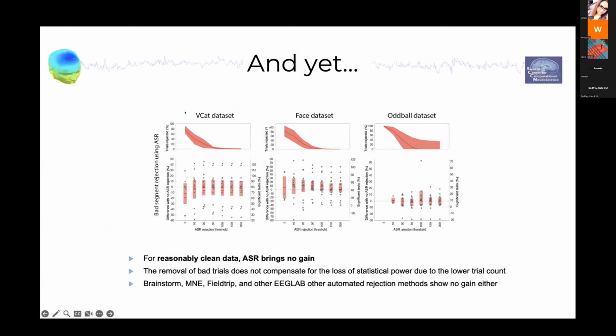And yet, if you use it on these three data sets, you see here we reject about 80% of the data in each case, but we don't increase the number of significant channels. So we reject portions of data, but we don't increase the percentage of significant channels.